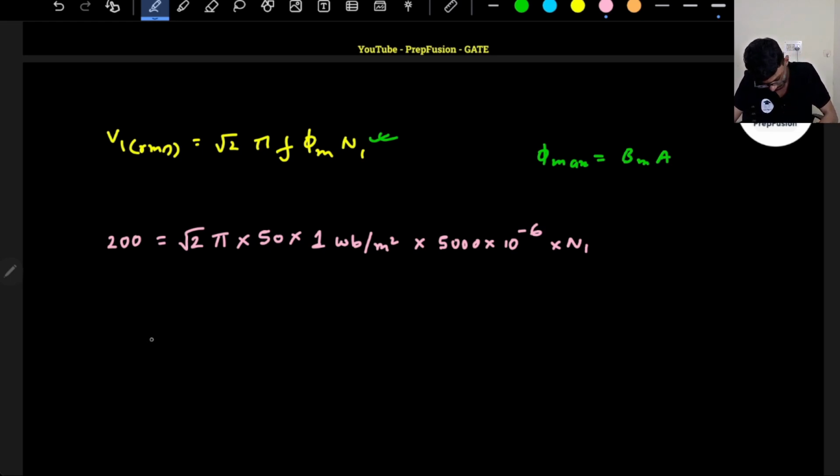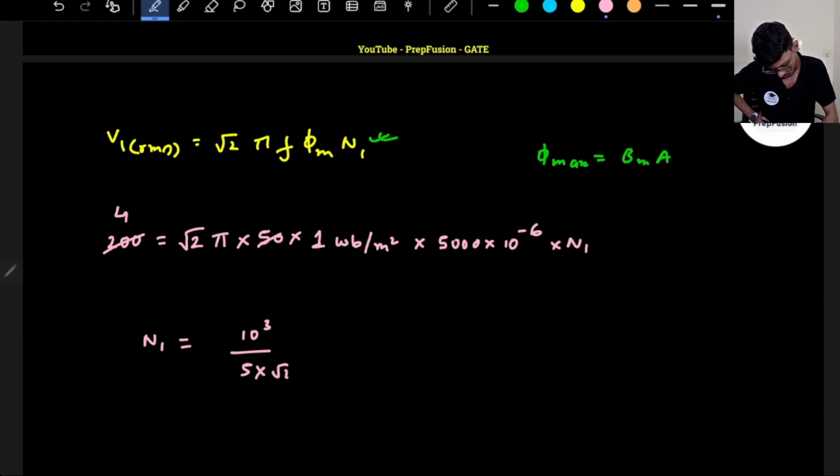So what is n1 equal to? I have to calculate this. This will be a bit hectic. So this will be 4, and this 5000 will be 5 into 10 raised to power minus 3. So this will be 10 cube divided by 5. 1 will be staying there, it will be root 2.